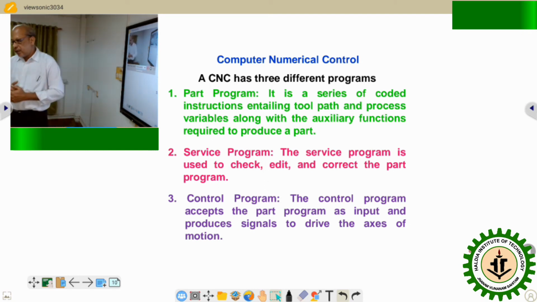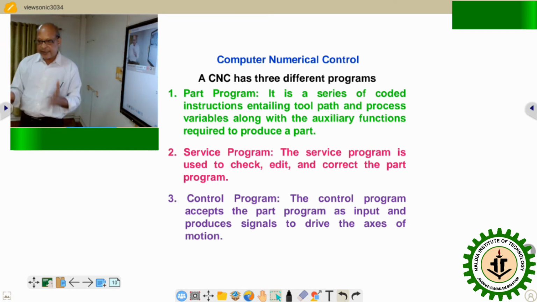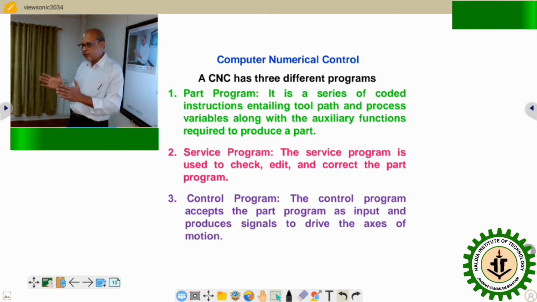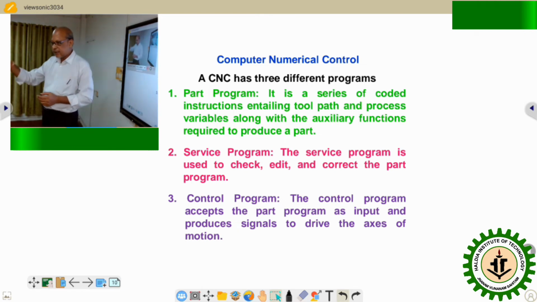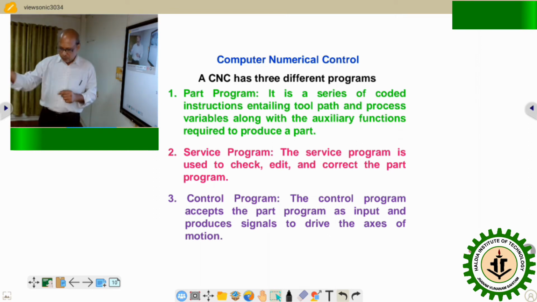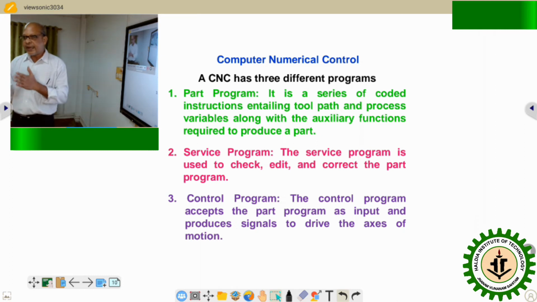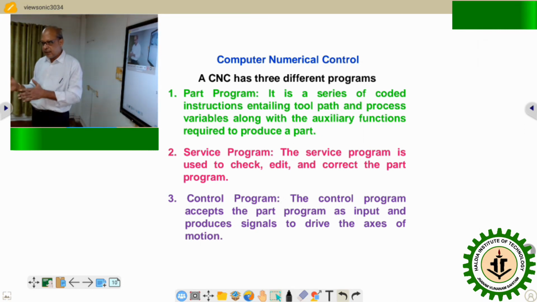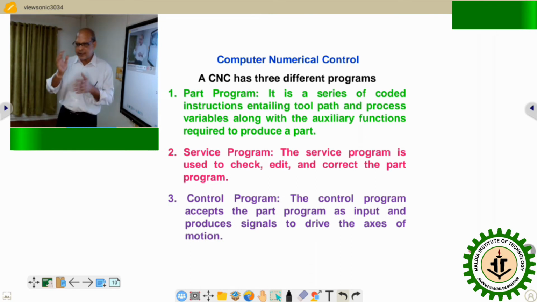Similarly, some complex level checking is also possible. There is a typical syntax that you have to follow in the case of circular path generation. As I told you a couple of minutes back, the start point coordinate, the end point coordinate and the R value, or the two orthogonal components of the radius vector under the address codes I, J, K along the axes X, Y, Z. At this stage you won't be able to understand in detail what I, J, K are all about.